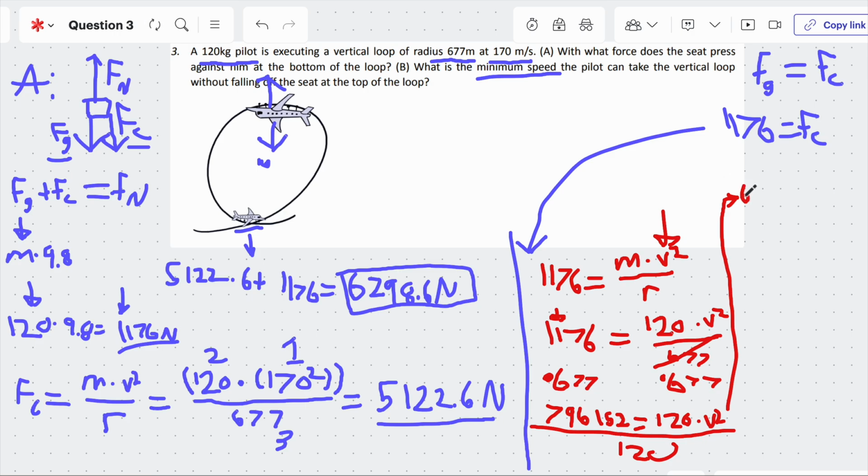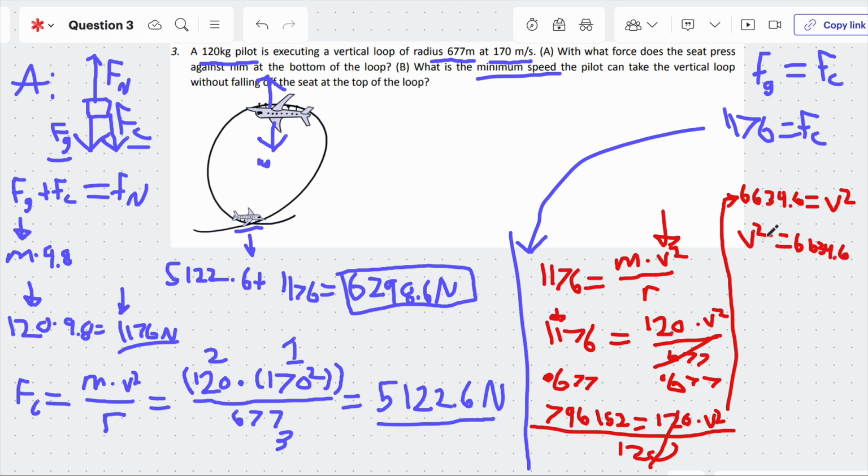So we get 6,634.6 equals, since this 120 cancels out, just v squared. Awesome. Okay, last step. Well, first, I'm just going to switch the sides of the equation. I just like having the variable on the left. Doesn't matter what way we write it, but I prefer this.